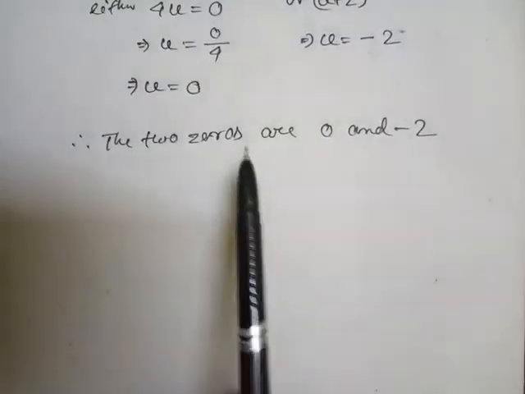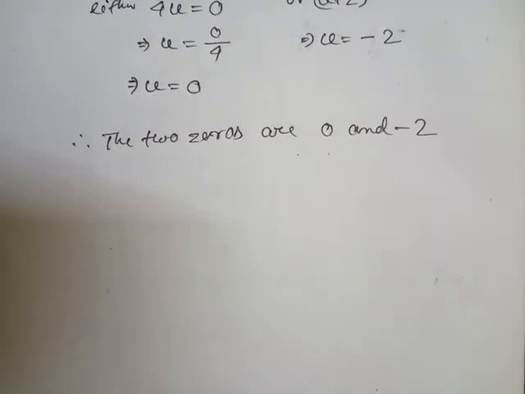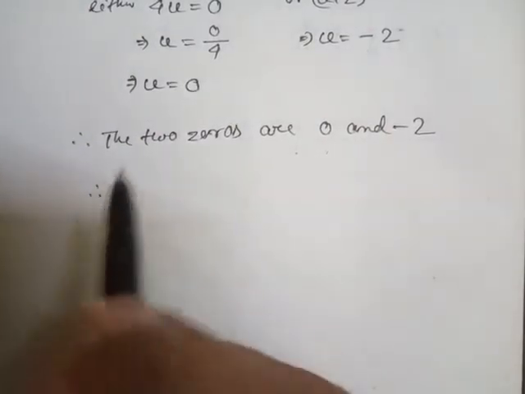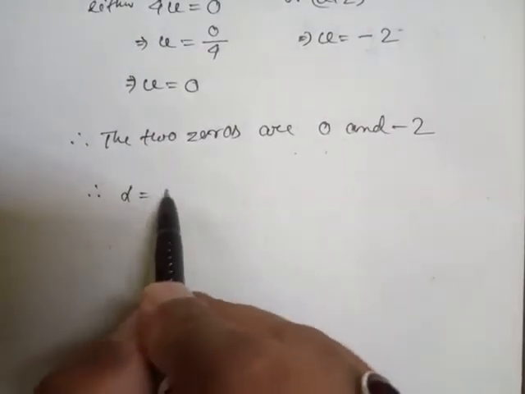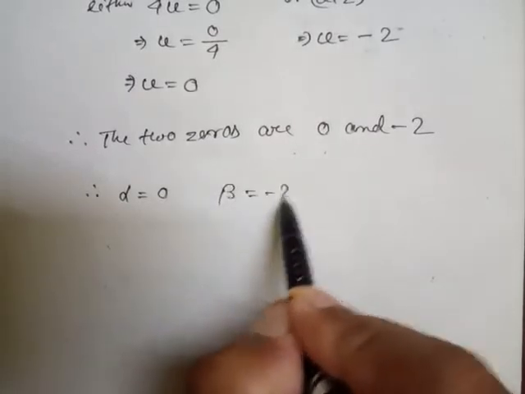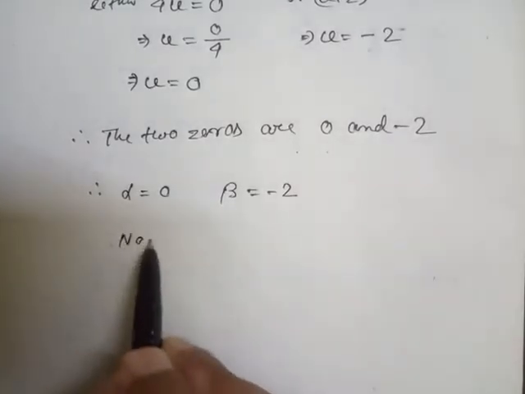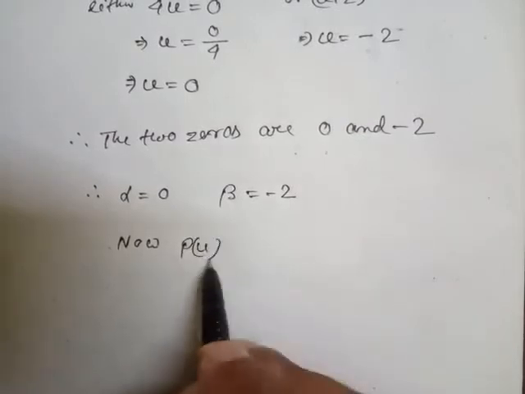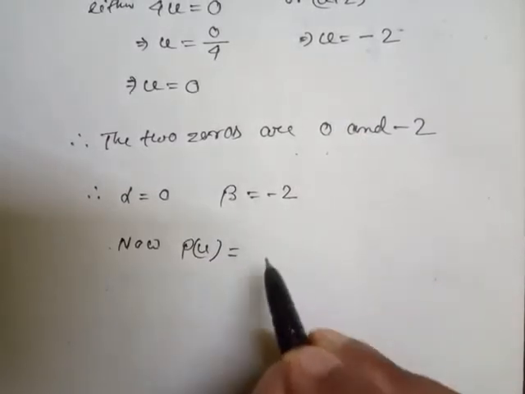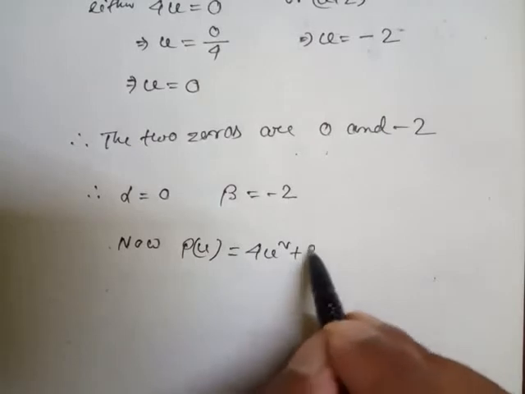Since students, these two are the zeros, we can write here therefore alpha equals 0 and beta equals minus 2, according to the formula of the quadratic polynomial. Now, p(u) is actually the given equation, 4u square plus 8u.